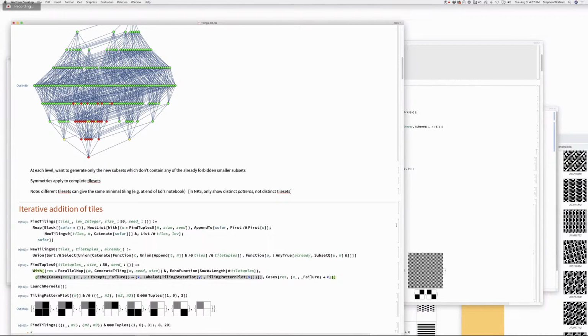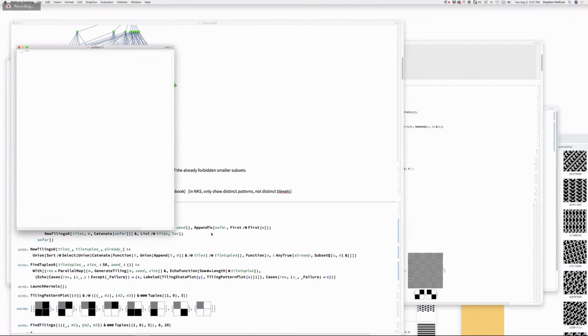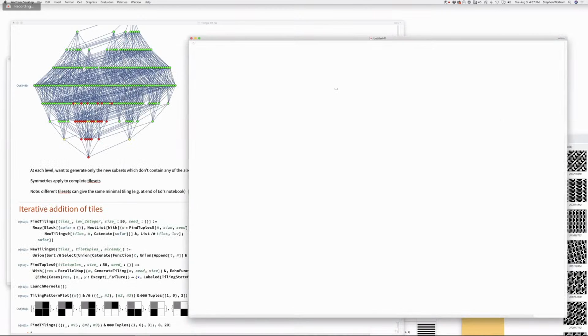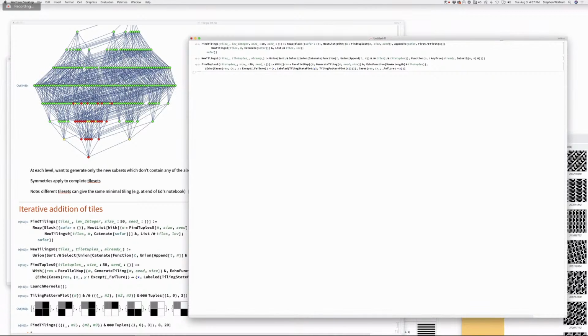Okay, well, let's look at this here. I think it would be safe to run the order 5 case to like 8 levels.